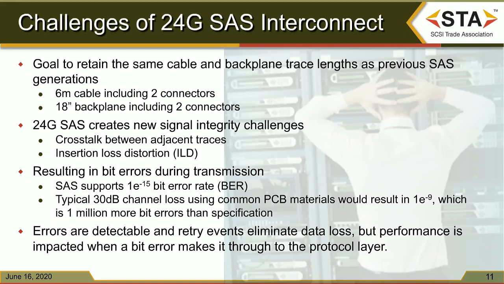What happens as you increase the frequency is the emissions from adjacent transmitters and adjacent PCB traces can actually interfere with each other. And this effectively creates noise on the channel and reduces your signal-to-noise ratio, resulting in data bits getting corrupted or reversed.